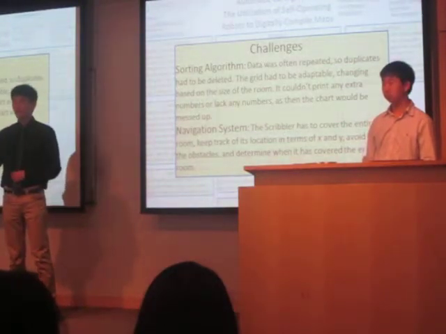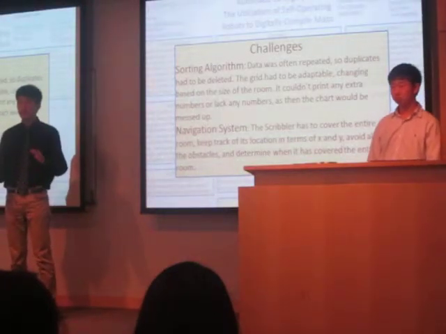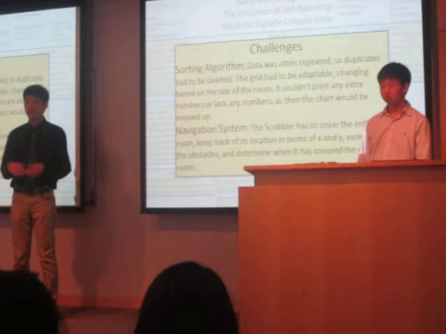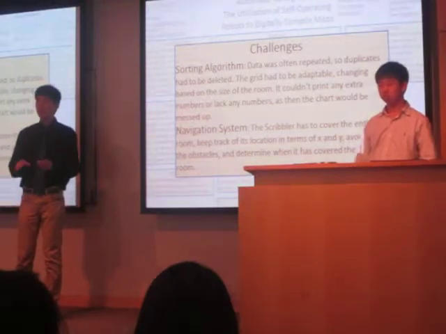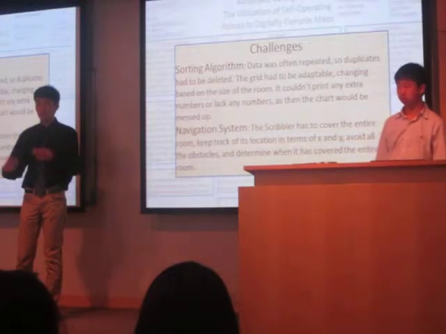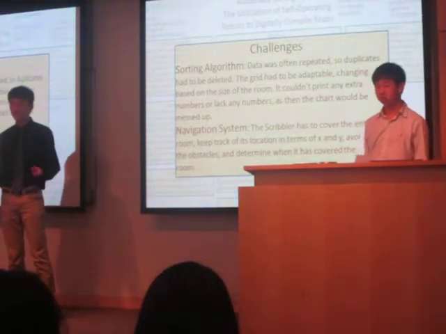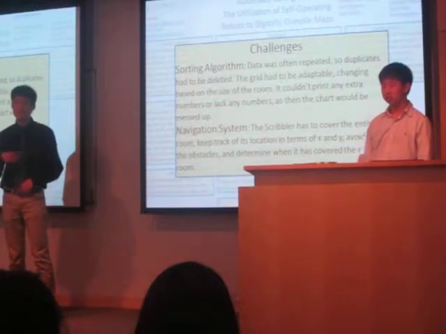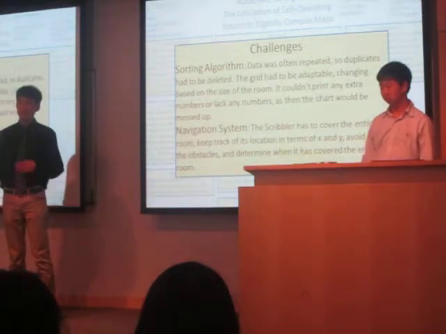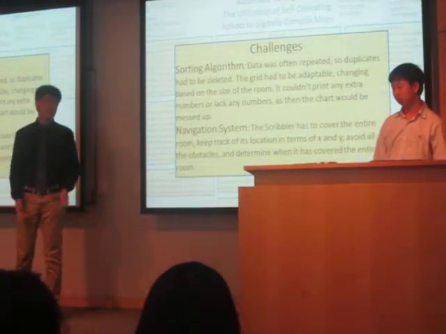We first wanted to use arrays, but we found out that if you wanted to use arrays, you had to define the dimensions first, and we didn't want to make our rooms static. We wanted them to be dynamic, so our Scribbler could adapt to any environment. So we ended up using lists of lists, but as we started using more lists of lists, we started confusing ourselves, and it became more sophisticated. So that was one challenge for us, to clear our minds and refresh ourselves.